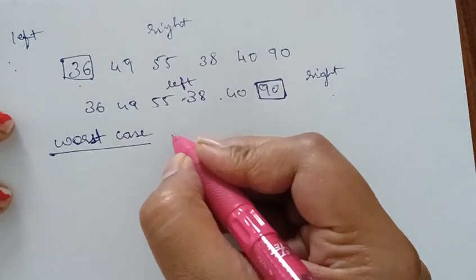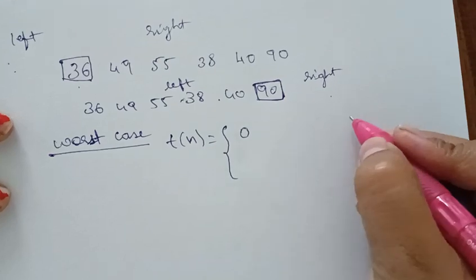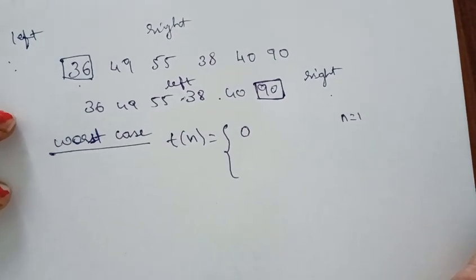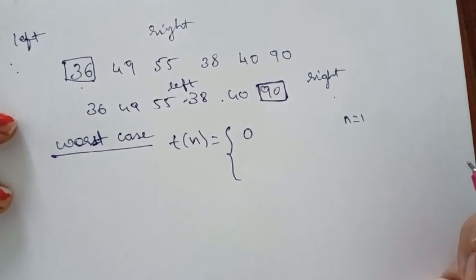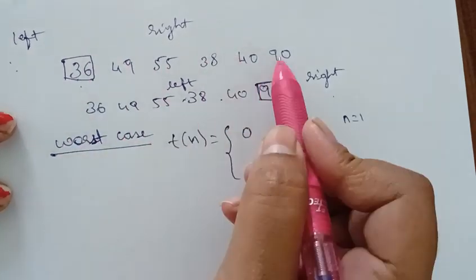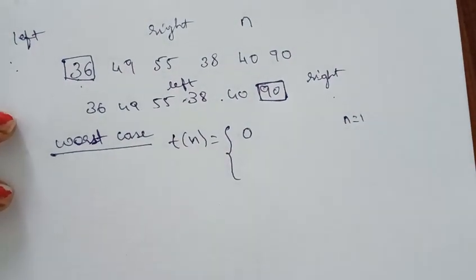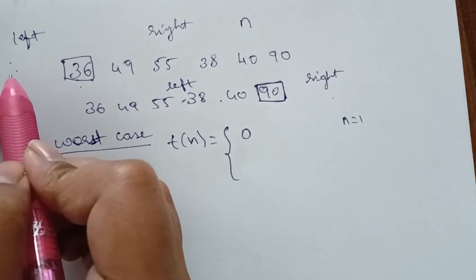So how will the general plan be for this one? The first thing is as usual: if only one element is present, no need to sort, so that is equal to 0. Here, how many elements are there? N elements are there. And if the left part of the array is 0, can I write it as T of n by 2?